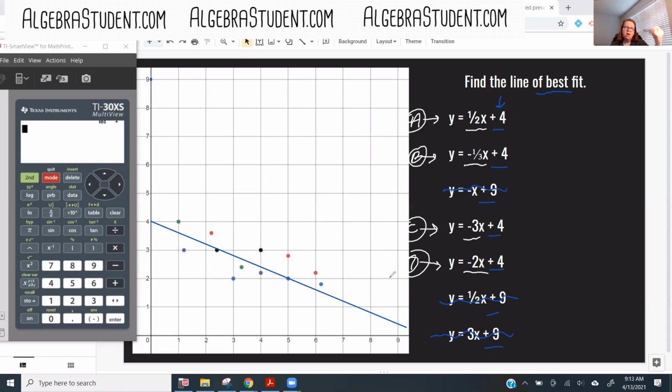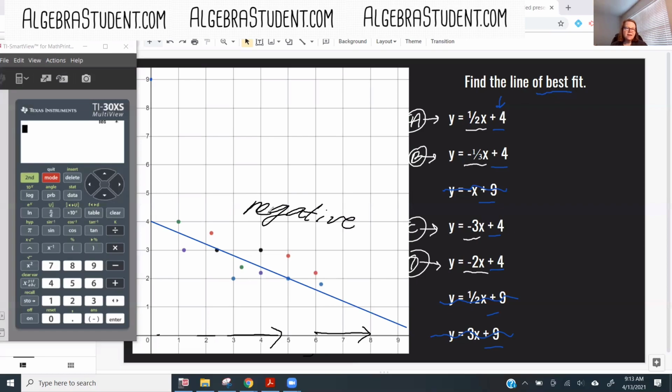It is falling as it runs to the right. I know the video's flipped around backwards, but as we go in this direction on the x-axis, our y values are decreasing. And so that is a negative slope.